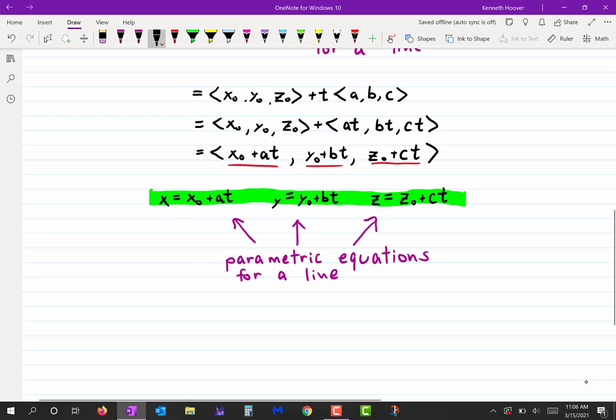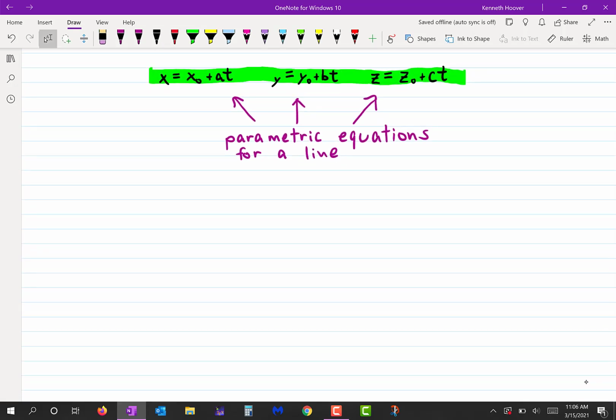this. Let's pick up from the parametric equations. Okay, I have x equals x naught plus at. Let's solve that for t. That would mean t equals x minus x naught over a, as long as a is not 0. From the equation for y, I can say t equals y minus y naught over b, as long as b is not 0.